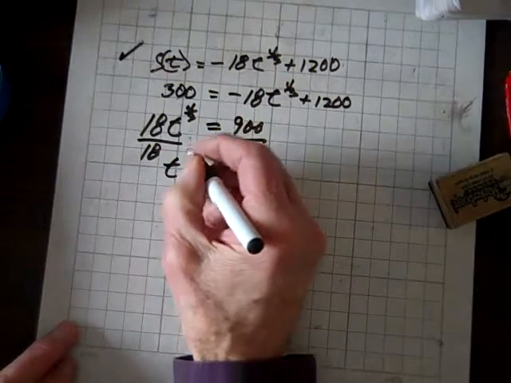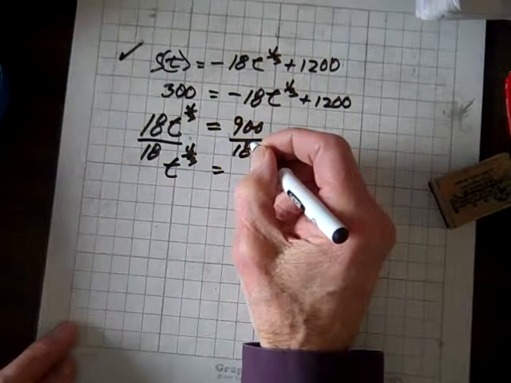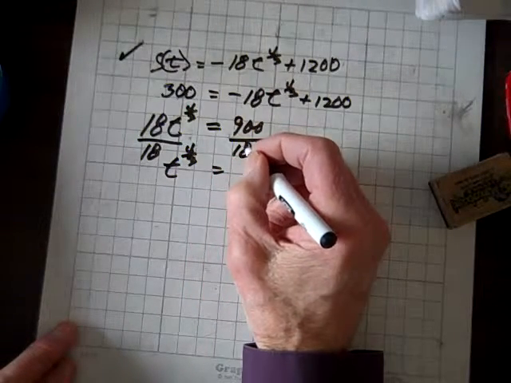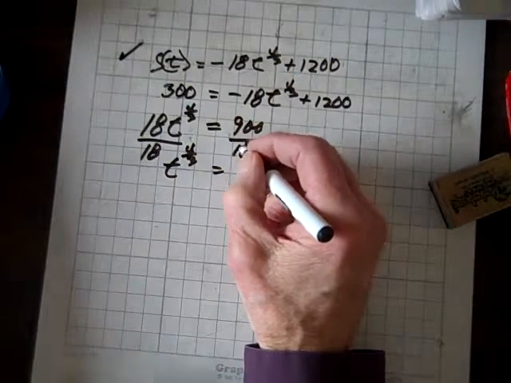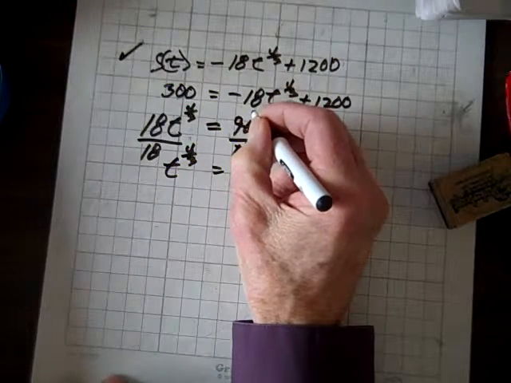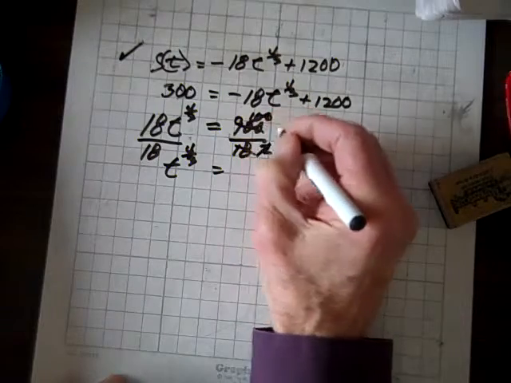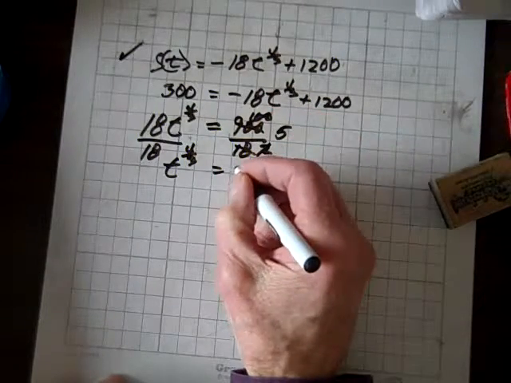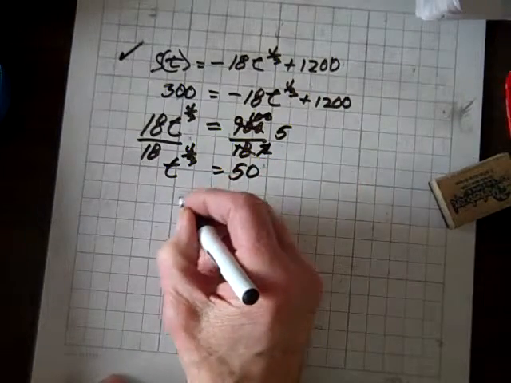And t to the 4/3 then equals, 9 goes into 18 twice and into 900 100 times, and 2 goes into 100 50 times. So that means t to the 4/3 equals 50.